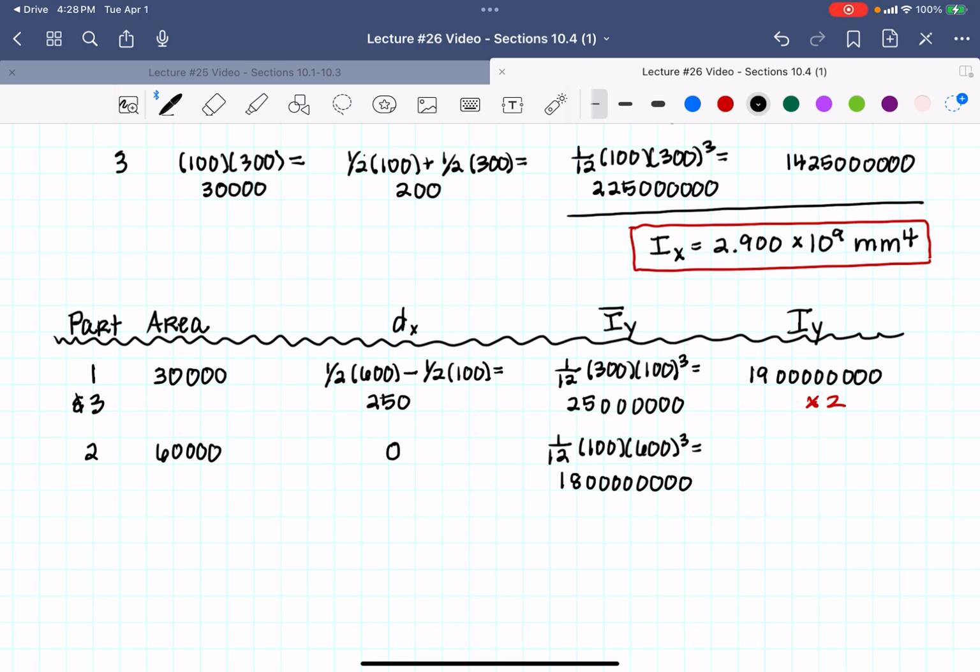That doesn't quite seem right, but I know it's in my calculator. When I add them together in my calculator, please don't count my zeros. I might be slightly off, but they're in my calculator, and I know in the end I got 5.60 times 10 to the 9th millimeters to the 4th.